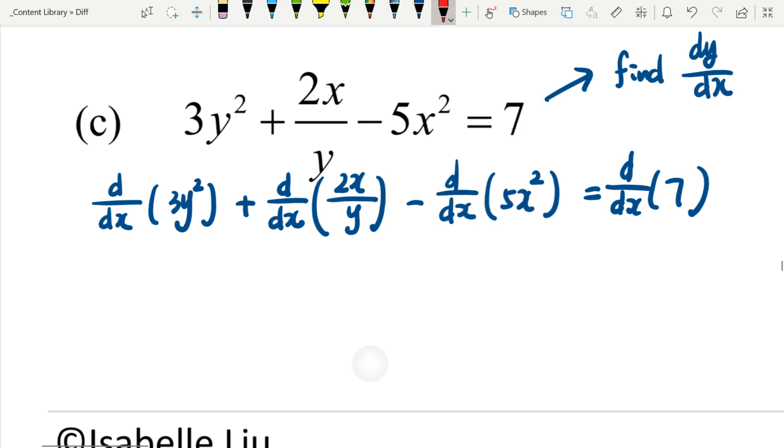What we can see from this is if you only have x involved, it's really easy, because d/dx of 5x squared is just 10x. And here is just 10x.